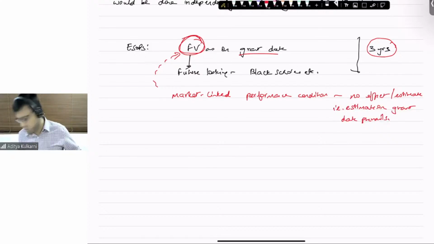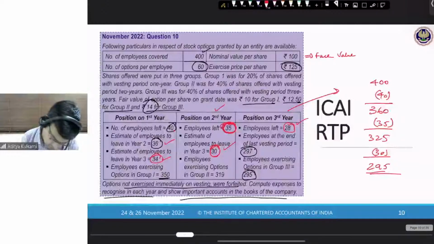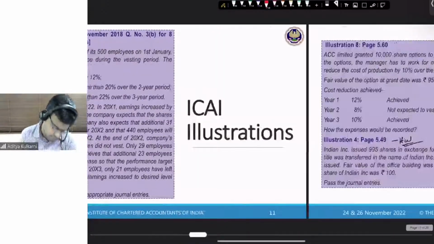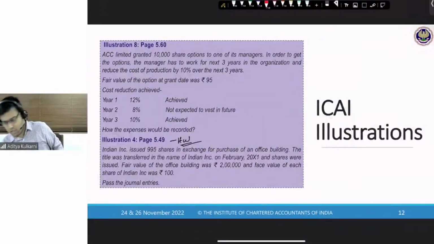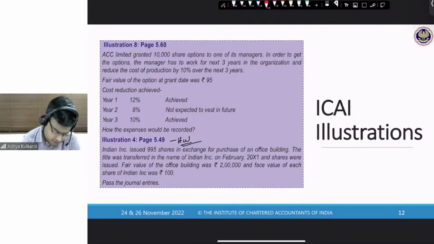All right, so let us come to this question. Let us start to solve. ACC Limited granted 10,000 share options to one of its managers.